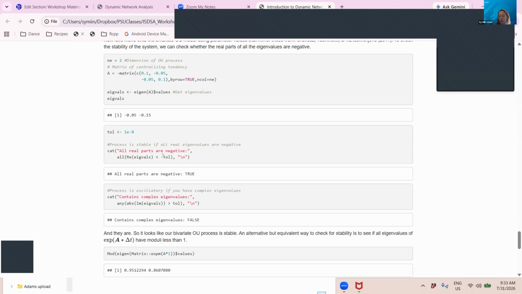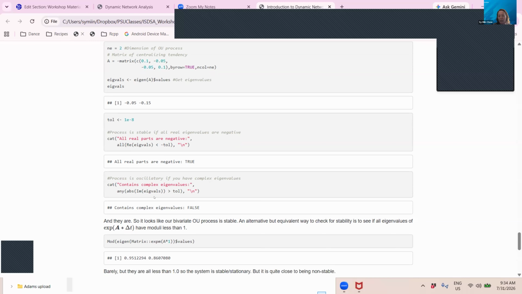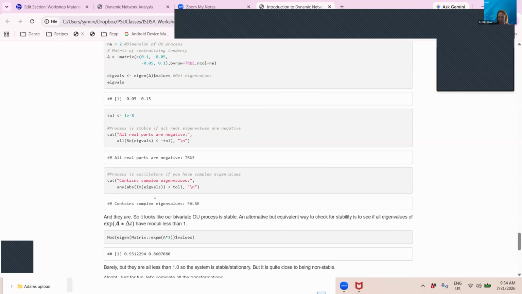So this, again, spoken in a different way: make sure that when you shock a system so that the ball rolls away from the valley, whether that shock dissipates over time, so you get back to the bottom, versus you move further away from that valley. And then you check whether your eigenvalues contain imaginary numbers, right? So this tells us whether we have straight pathways towards the equilibrium, or we do that in a spiral fashion.